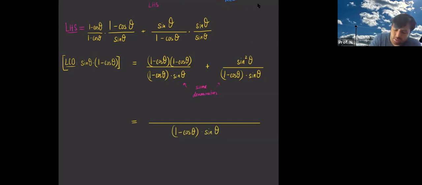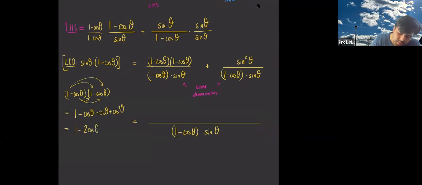And then I need to do a bit more work here. So what I'm going to do is put the 1 minus cosine theta multiplied by 1 minus cosine theta over here. I'm going to distribute. And I get 1 minus cosine theta minus cosine theta plus cosine squared theta, which reduces to 1 minus 2 cosine theta plus cosine squared theta.